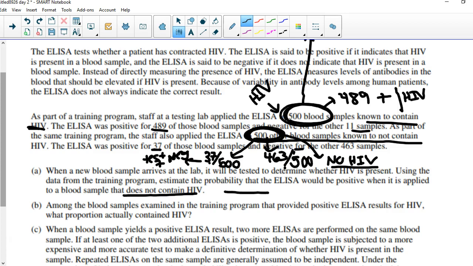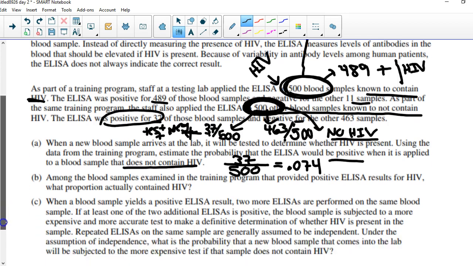Out of all of the people who do not have HIV, 500. That's this hat right here. What's the probability that they are going to test positive? Well, we know that right here. They test positive in 37 of them. So 37 over 500. And 37 divided by 500 is 0.074.